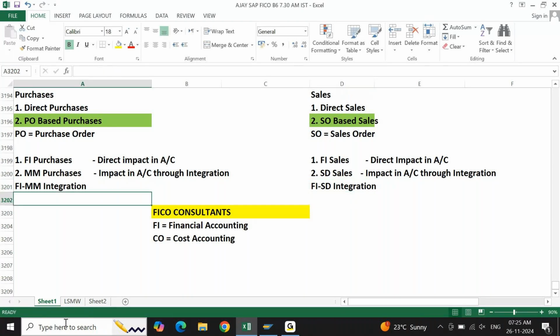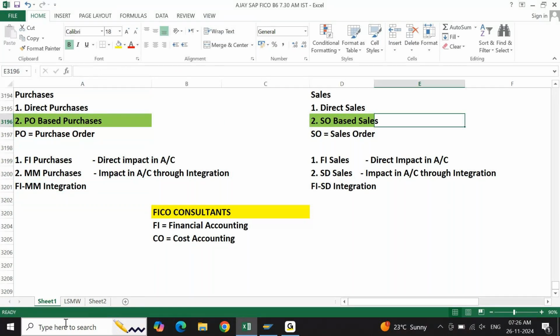And before you start customer account, before you start vendor account, these are all the points that you must be aware of, without which you will not be able to understand what is AP, what is AR practically in a real environment in any organization. Because as we know, in every organization, purchases are based on purchase order, sales are based on sales order.